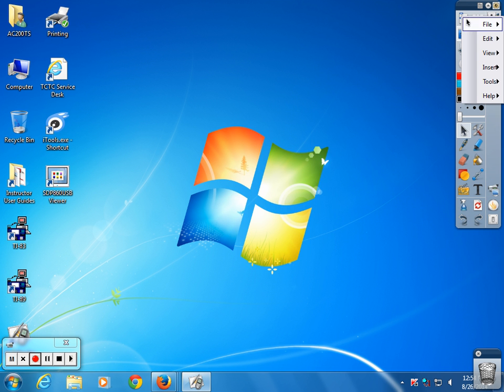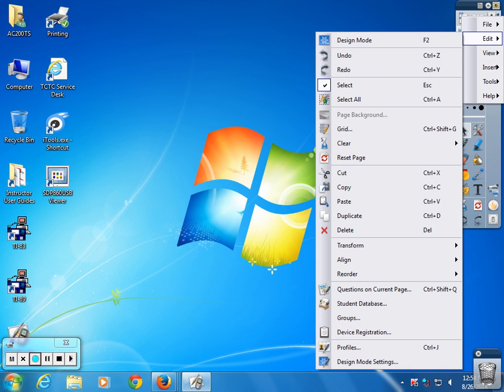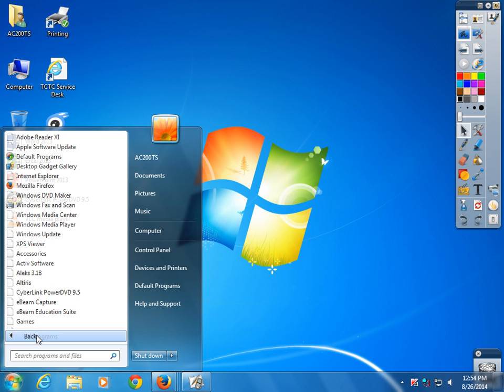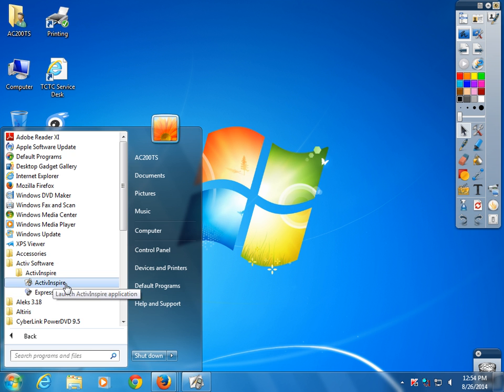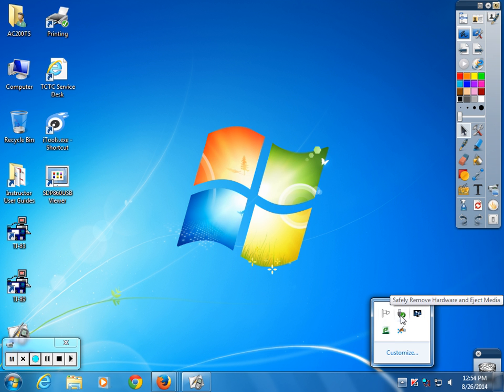Supposed to have where I can. Supposed to have calibrate.